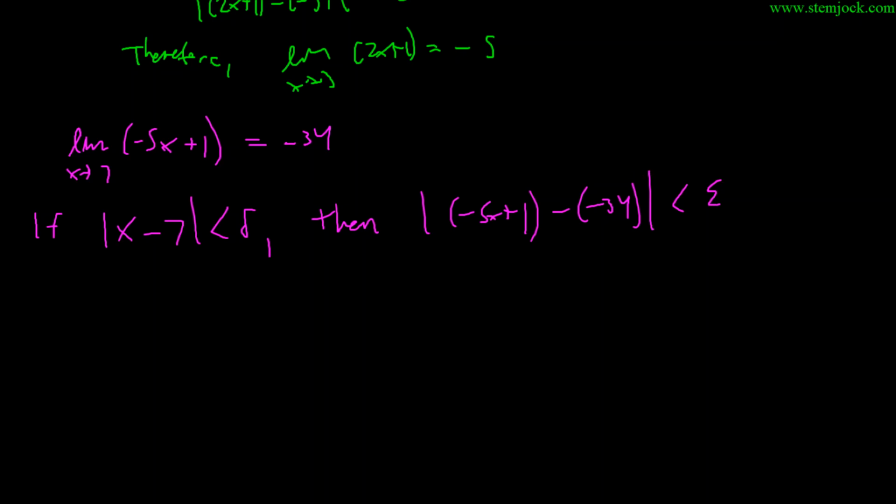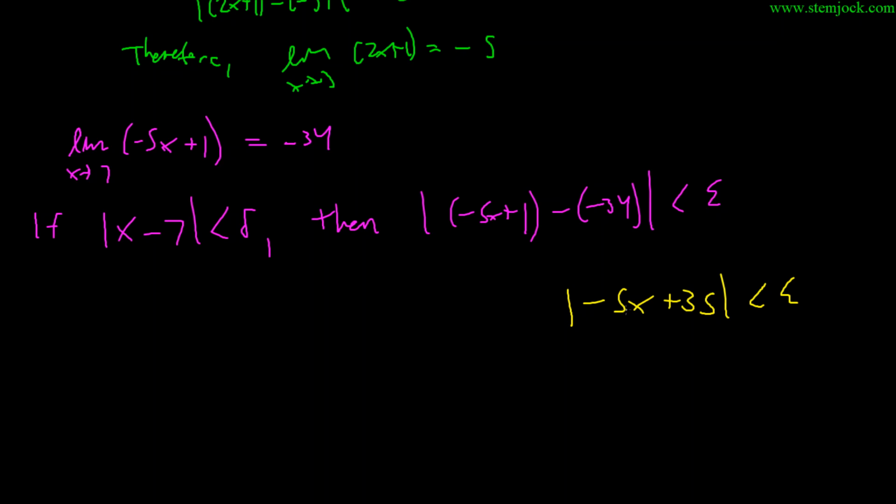As before, I'm going to work backwards to find out what delta I should choose. Off to the side here, I start out with the consequent. Combining like terms, this is negative 5x, and then 1 plus 34, that's 35. Because this is an absolute value, I can multiply the inside by negative 1 without changing anything.